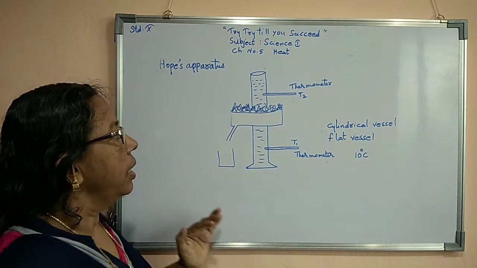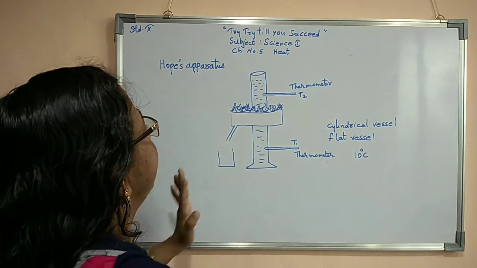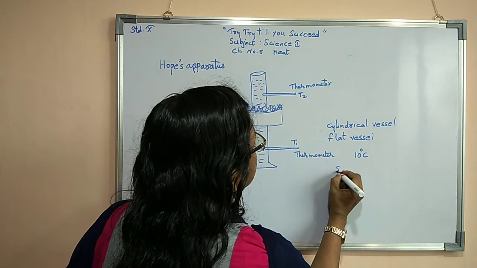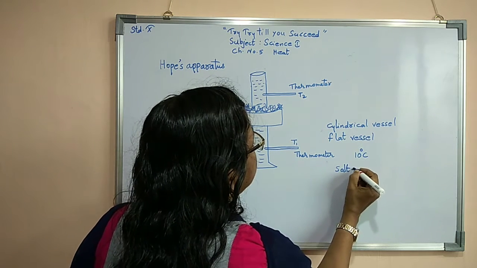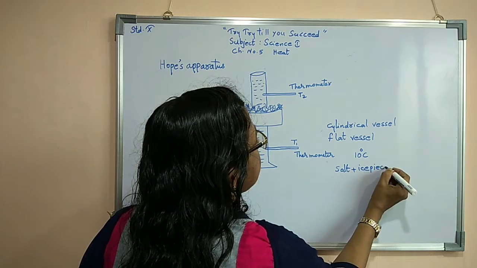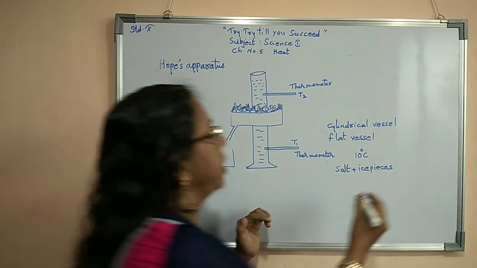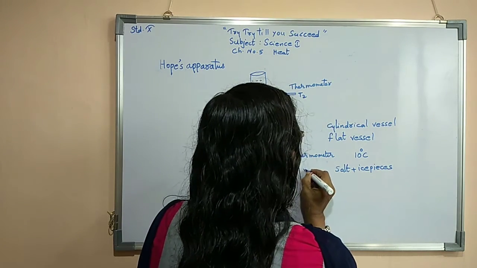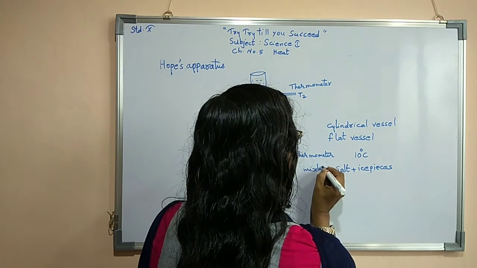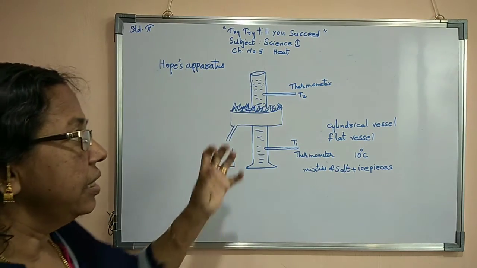Now in this middle vessel, we have to fill salt plus ice pieces. It is a mixture of salt plus ice pieces.